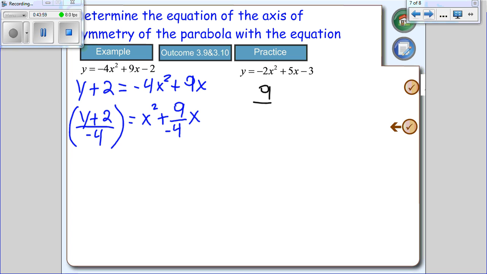And the negative is still there, because it's 9 over negative 4.